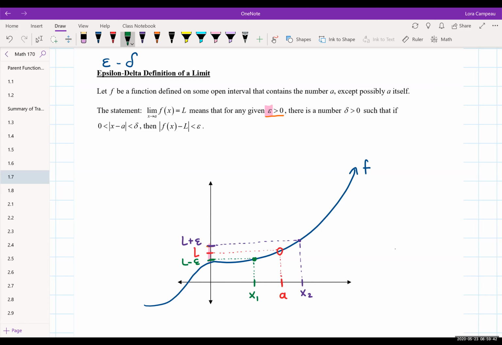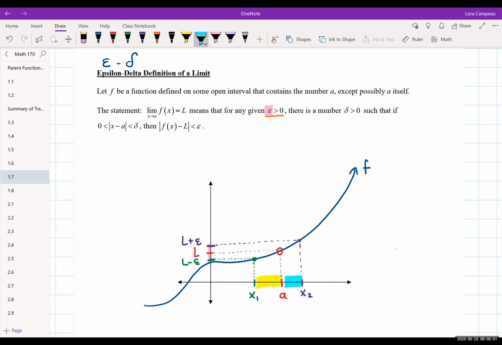So what we were interested in when we were going through section 1.5 were the distances from a. We wanted to figure out what's the distance from x1 to a and the distance from x2 to a.